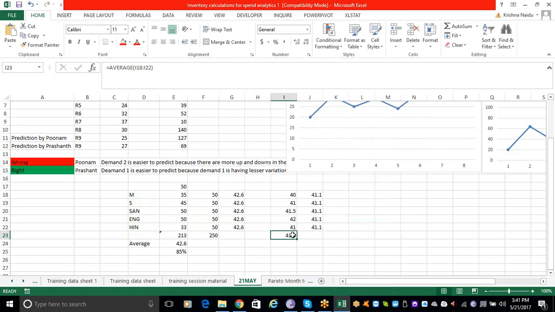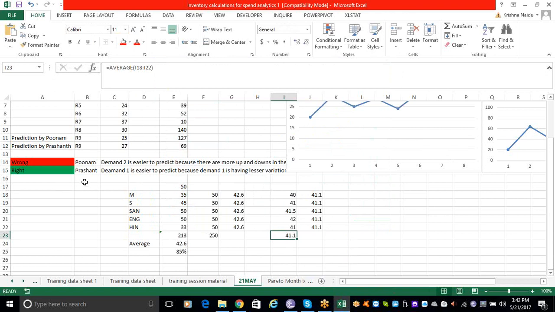you will not see ups and downs. Ups and downs are uncertainty. If you have more ups and downs, data has more uncertainty. If it has more uncertainty, then average is not the right metric to do the prediction.